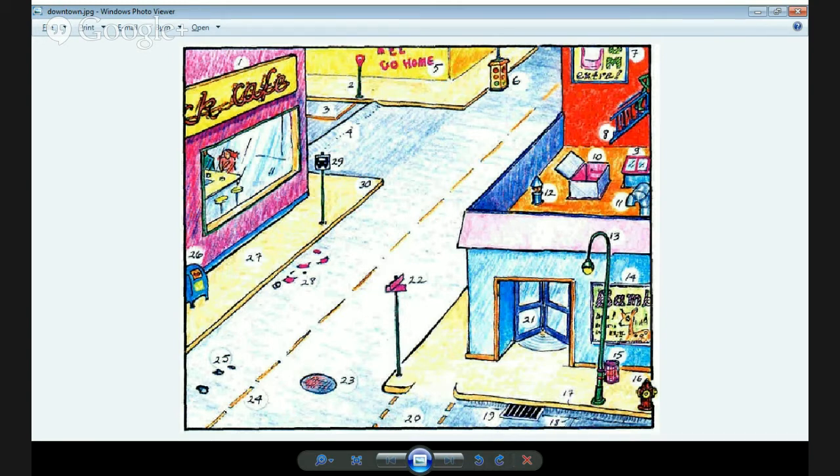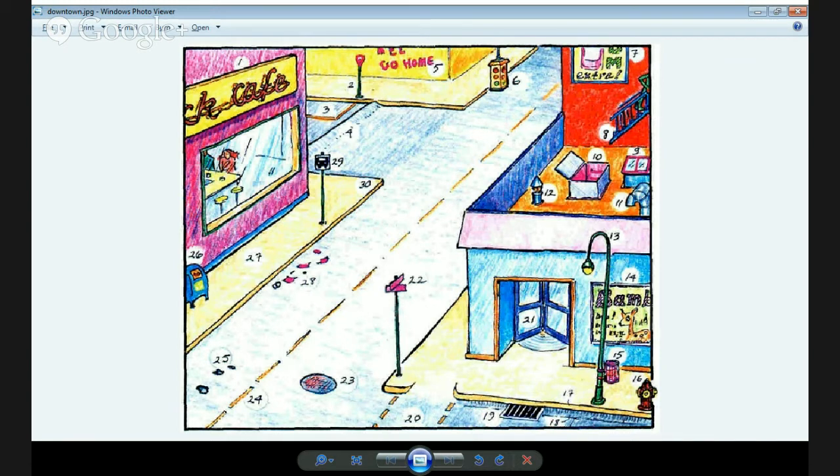In Europe, normally they're written on the building, but in America they're written on a sign that sticks out on the corner of the street. So number 22 is a street sign, and it has the names of the streets on it.